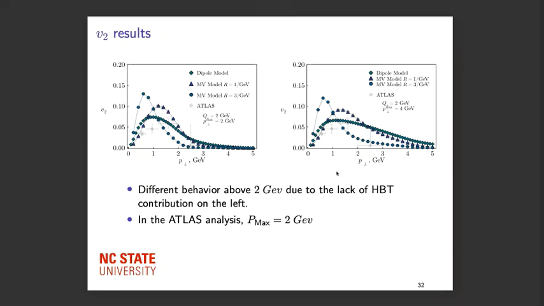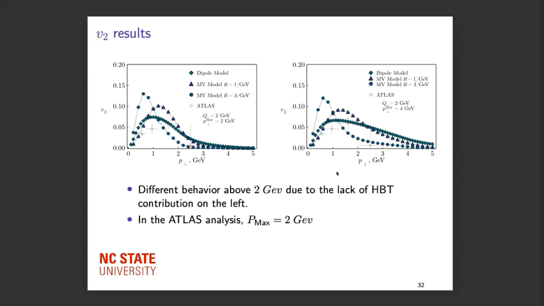Now, first we compare the result for V2 with the experimental data. We did 2 different ranges for the associated particle, and we plot the V2 results with respect to the transverse momentum of the trigger particle. And we did this for 3 different models.